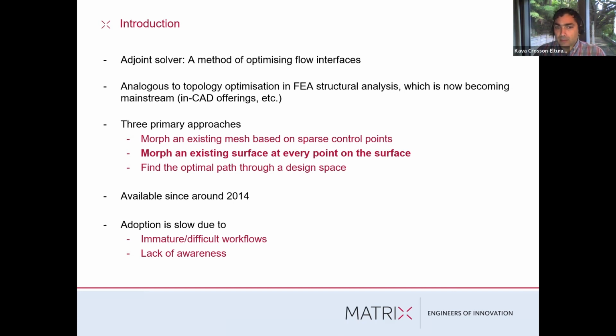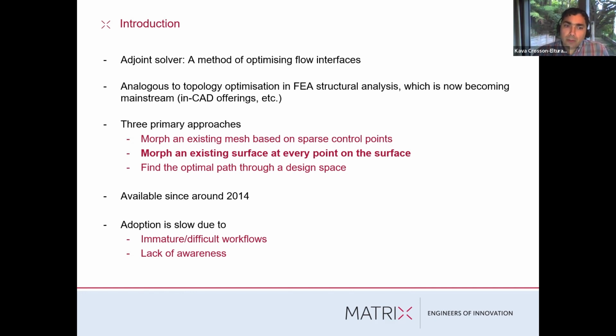It's a little different because instead of control points, you're actually changing every point on the surface and then remeshing. It's a bit more flexible because you can imagine morphing a mesh with control points, you might end up destroying your elements and destroying your mesh. However, when you're morphing the surfaces and then remeshing, it maintains that mesh quality generally. You still have to be careful though.